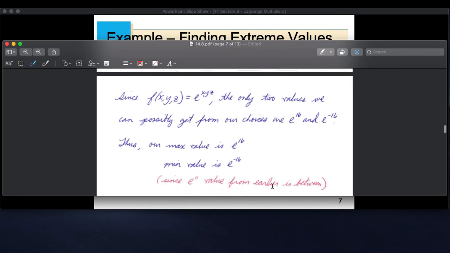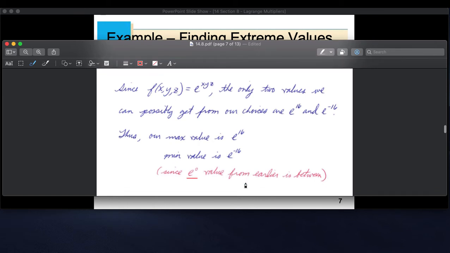But also keep in mind, guys, that earlier we found that one of our potential extreme values was e to the 0 power. But I think we all can see that e to the 0 power is between e to the negative 16 and e to the positive 16. So we can just disregard it. So this here is our answer.